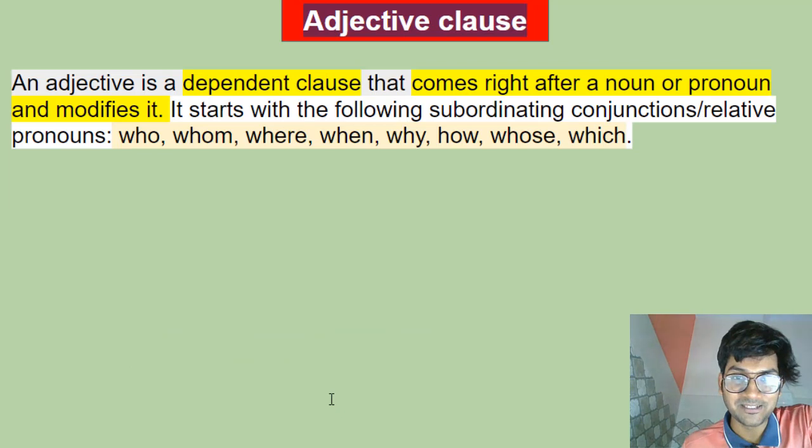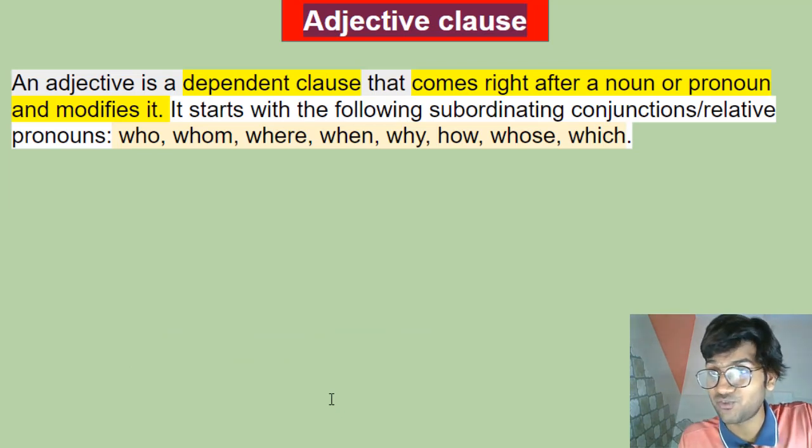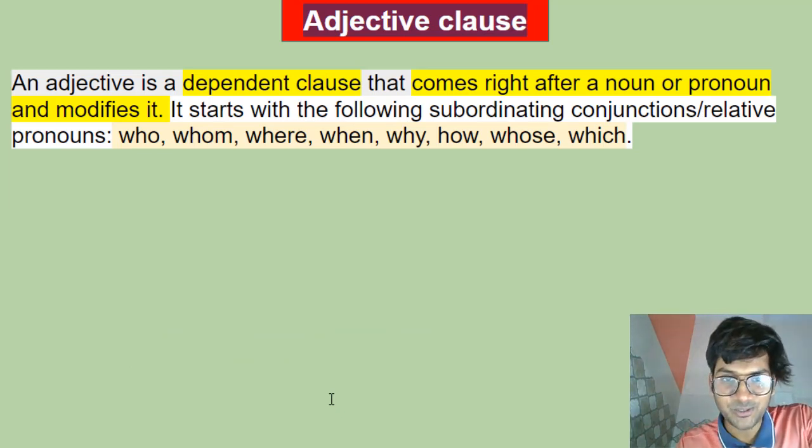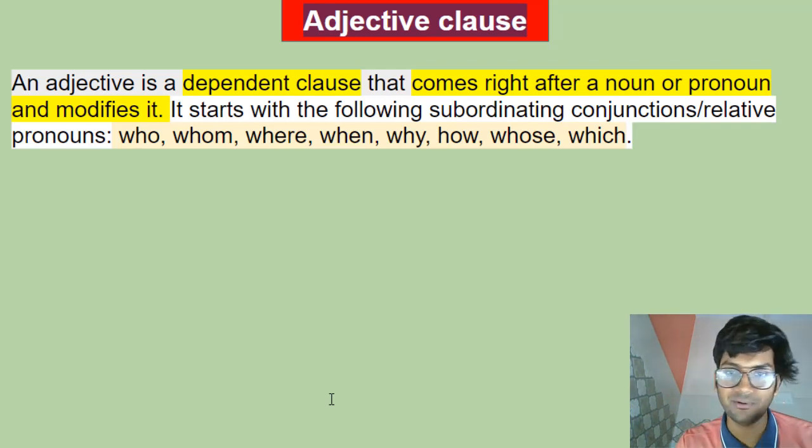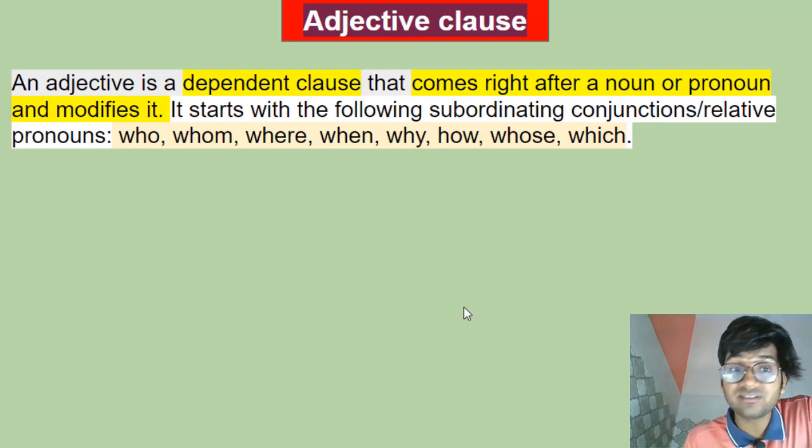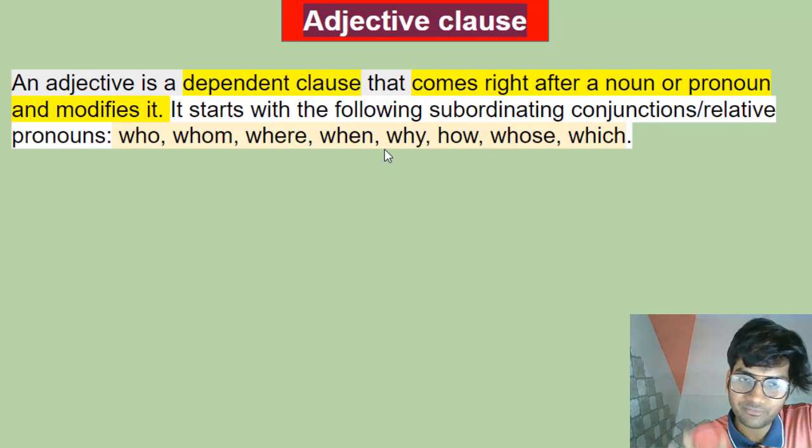Okay, the next one is an adjective clause. As I told you, it's a dependent clause that modifies a noun or a pronoun in a sentence, and it comes right next to the noun or pronoun it modifies. And since it's a dependent clause, it starts with subordinating conjunctions or relative pronouns, one and the same thing.